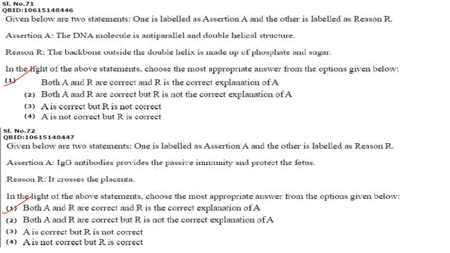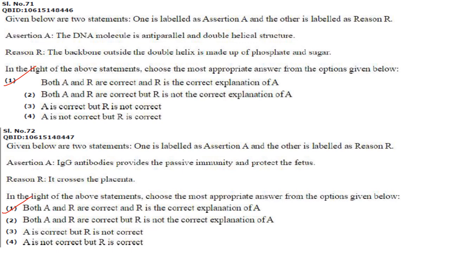The next assertion. The DNA molecule is antiparallel and a double helical structure. Yes, that is correct. The backbone outside the double helix is made up of phosphate and sugar. Yes.